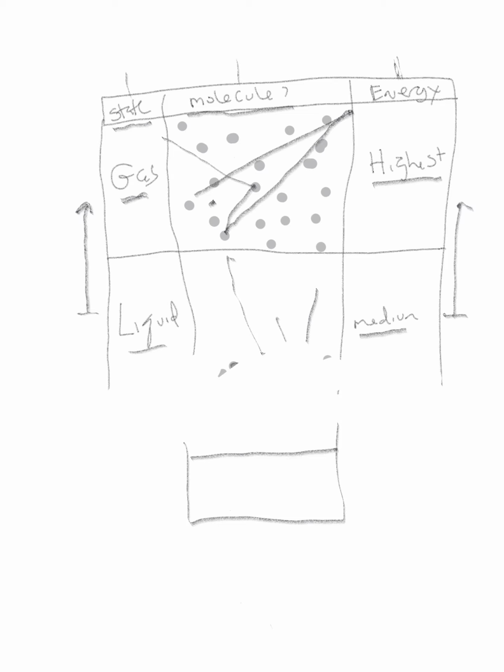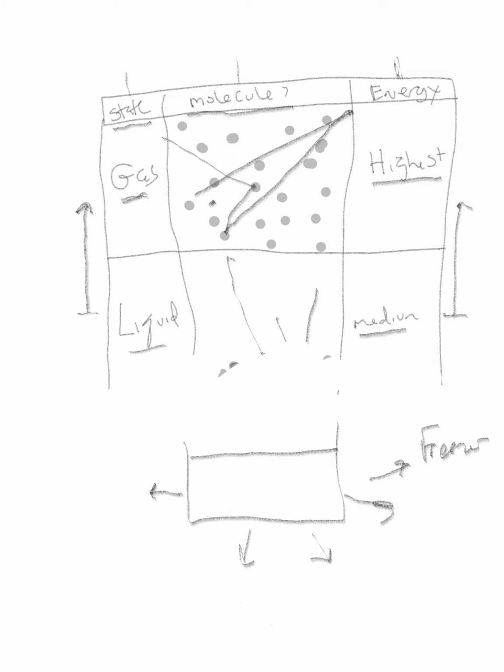We would probably put it in the freezer. When we put the water in the freezer, what's going to happen? Heat is going to be released from the water because it's colder in the freezer than it is in the water. And heat always goes from warm to cool, or hot to cooler. So you're going to have heat being lost.